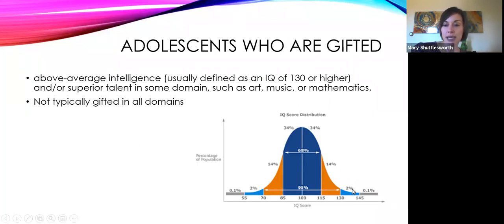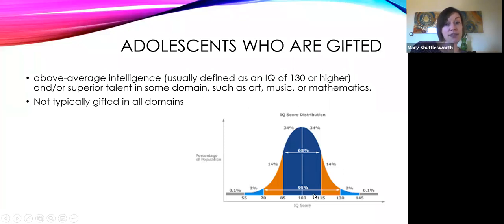The basic idea here is that 100 is the mean, that's the average. So that's the average IQ score that we see in the general population. As scores move away from 100, either above or below, scores become less and less likely.